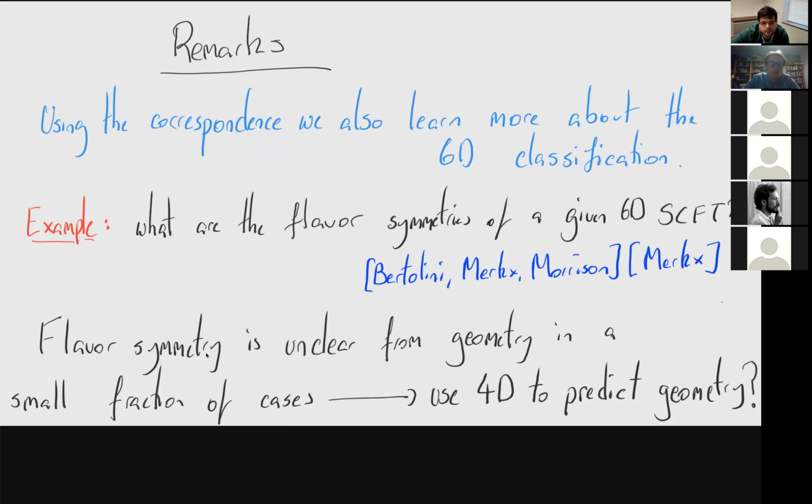It's 3 or 4% of these 300 odd theories. So if we assume that the correspondence is true, which means that the flavor symmetries you would expect are really there, even though we don't see them in the geometry, this gives us a prediction for where they might be hidden in the geometry. So it feeds back into understanding the geometric classification of 6D.